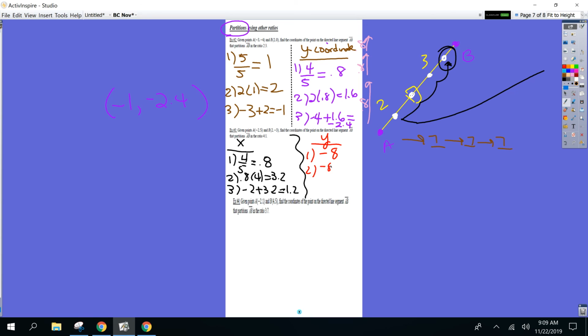So that -8, we're still dividing by how many equal parts? 5. So we should end up at -1.6. If I'm looking at the right problem, yes, you're correct, -1.6. I was looking at the next one.